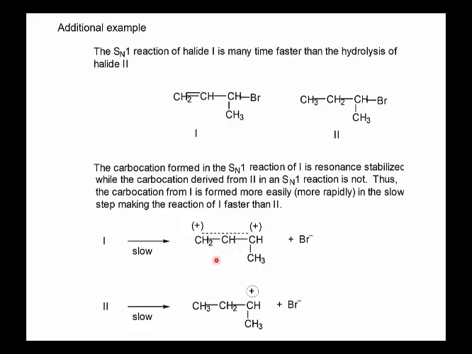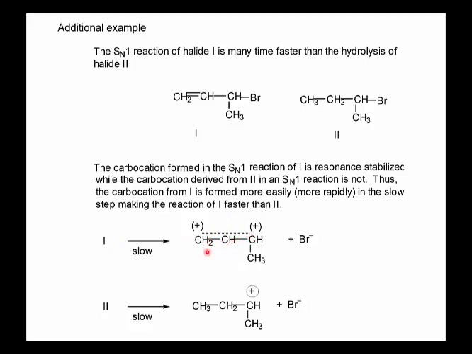In contrast, compound number 2, undergoing an SN1 reaction, the bromine breaks off as bromide, you form this carbocation. This is a secondary carbocation. Does this have resonance structures that I could draw? No. So this structure shown here is the secondary carbocation, no delocalization. In contrast to the carbocation that formed when Roman numeral 1 reacted, it has extensive delocalization of electrons and charge.